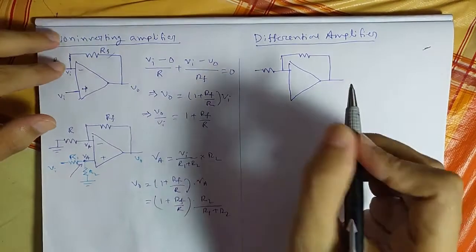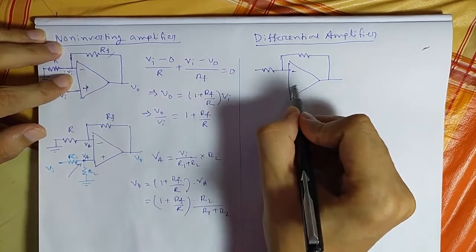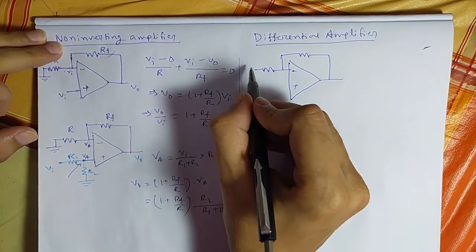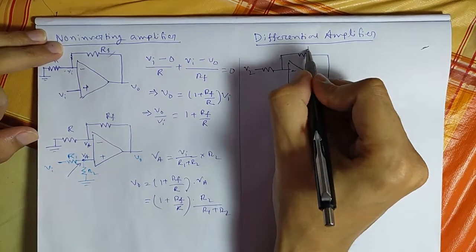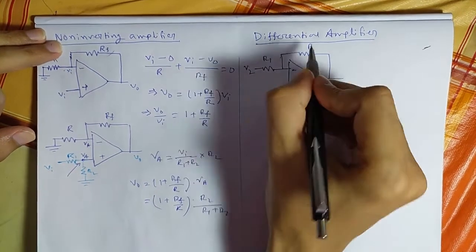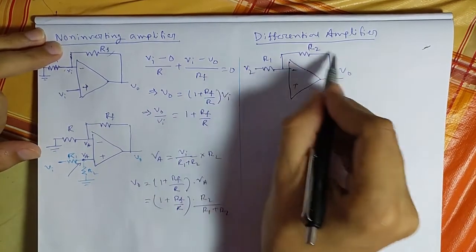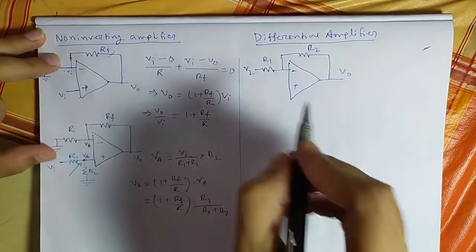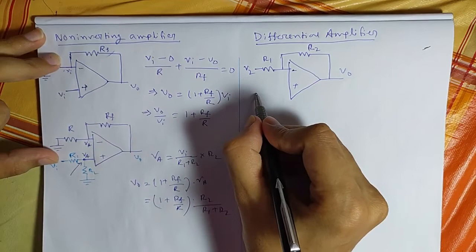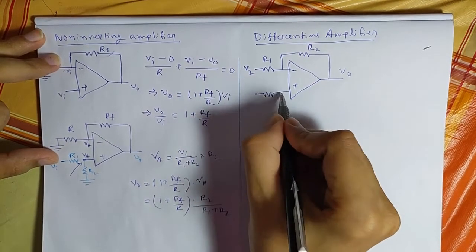So that input will be V2, R1, R2, V0. This is similar to the inverting amplifier, and here we'll apply another input through a voltage divider.